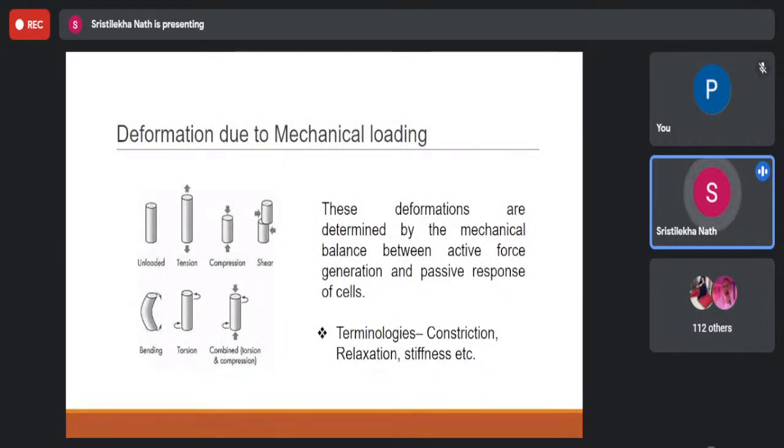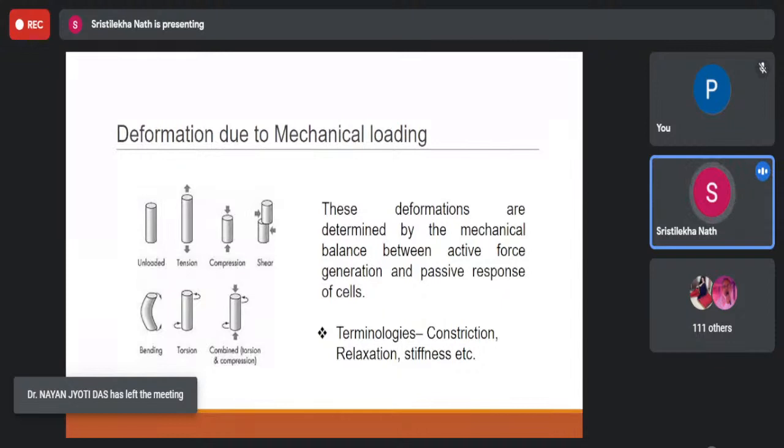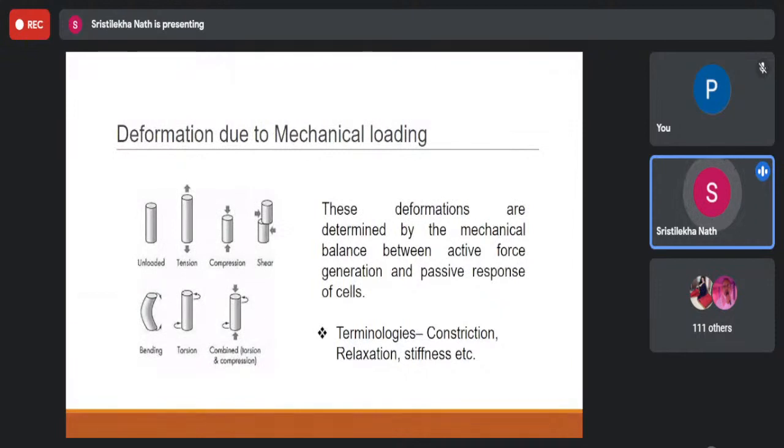Now, the question comes: what actually mediates such deformation in the tissue? When we consider the mechanics acting on a physical body, we can talk about stresses. Similar kinds of stresses can be observed within a tissue system. They can be tension, compression, shear, bending, torsion, or any combination of these.